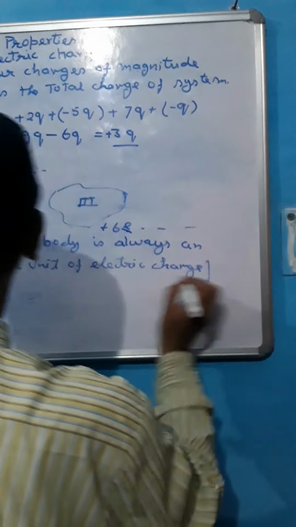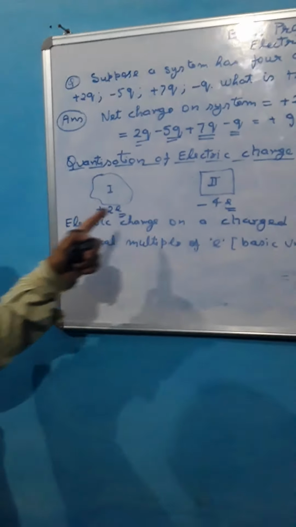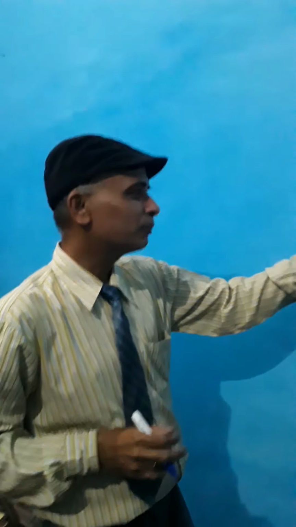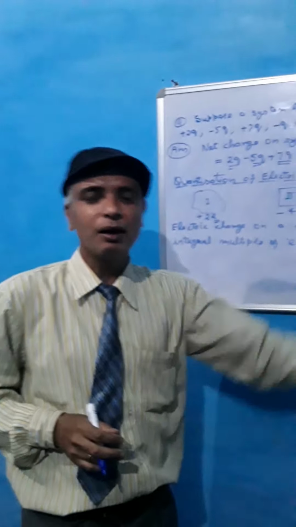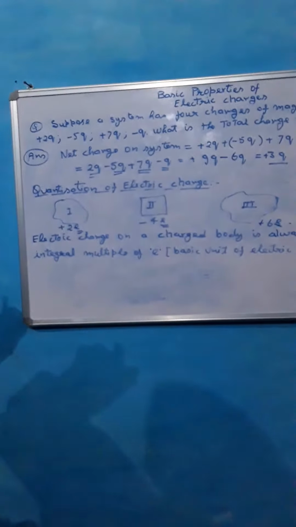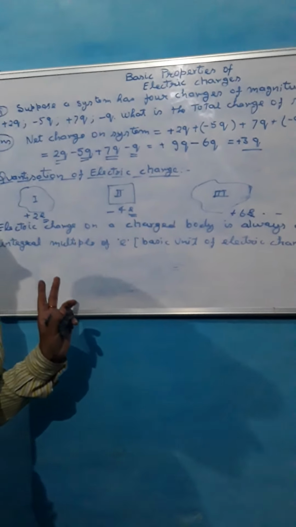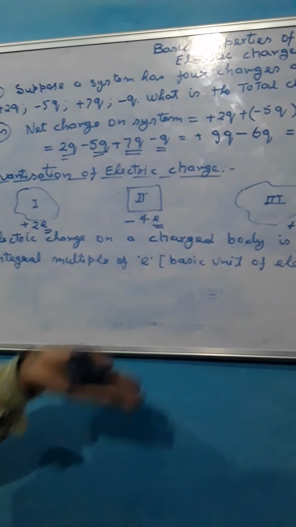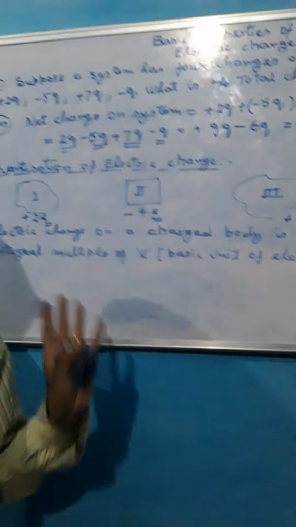So once again I am going to explain to you. Suppose I have three bodies, first, second, third. When I measure the electric charge on these three bodies, it comes out to be plus 2e, minus 4e, plus 6e. So I have observed that charge on a charged body is multiplied by a number. e is the basic unit of charge.